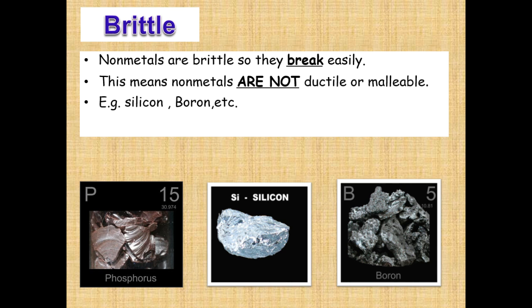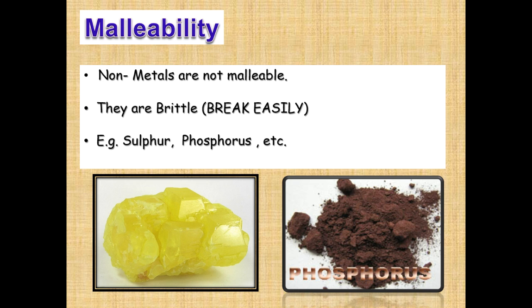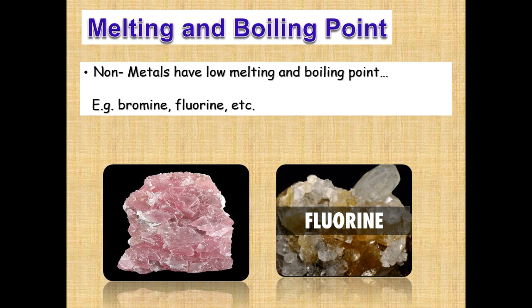Silicon, boron, etc. Non-metals are not malleable. Phosphorus, everything, very easily they can break. You could not make them into sheets and wires. The non-metals have low melting and boiling points. Bromine, fluorine, etc.